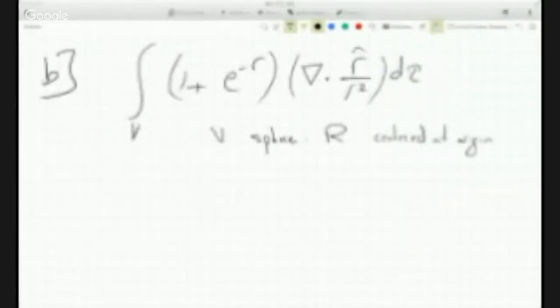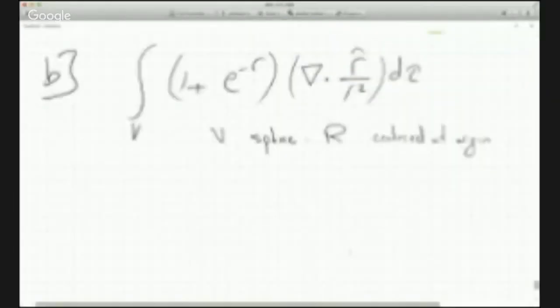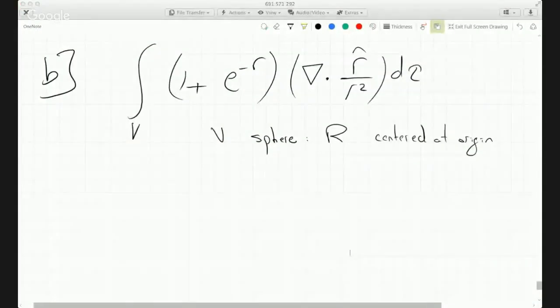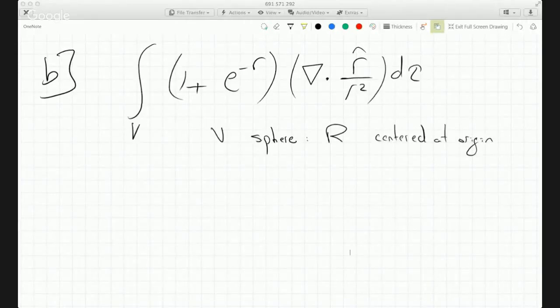Okay, so this is a situation where you are supposed to evaluate this integral with the help of the Dirac delta function, and yet there is no Dirac delta function in the question, as you can see. This is on a volume of a sphere, radius r, centered at the origin.